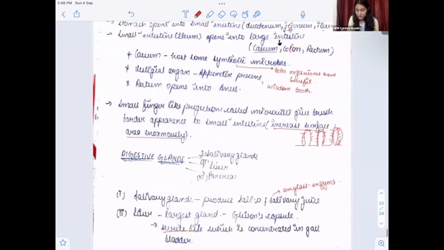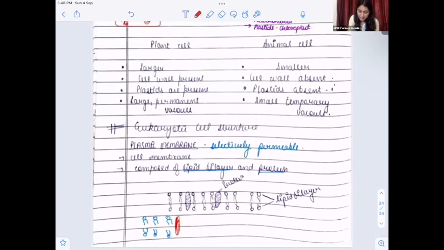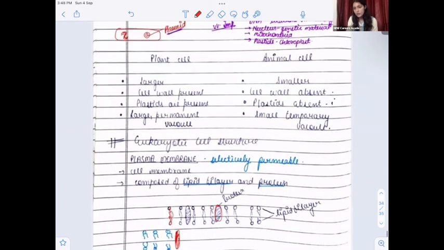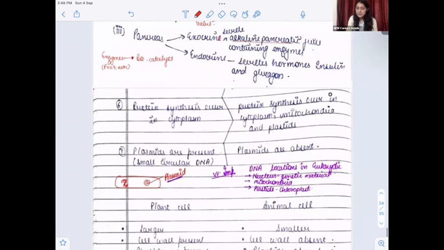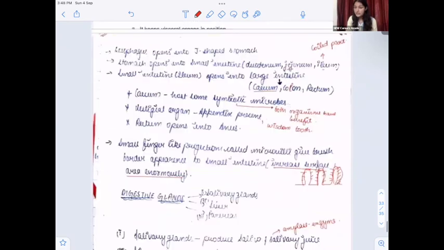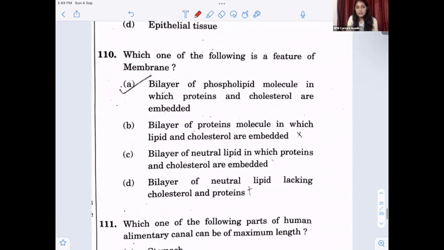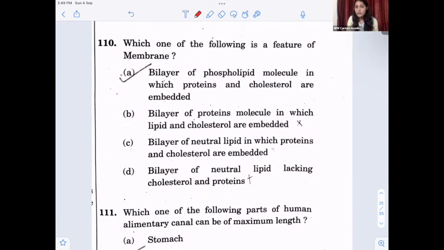Here is the structure of plasma membrane. It consists of a lipid bilayer and proteins are embedded. And also in some membranes, cholesterol is present. So the correct option is it's a bilayer of phospholipid molecules in which protein and cholesterol molecules are embedded. Option A.